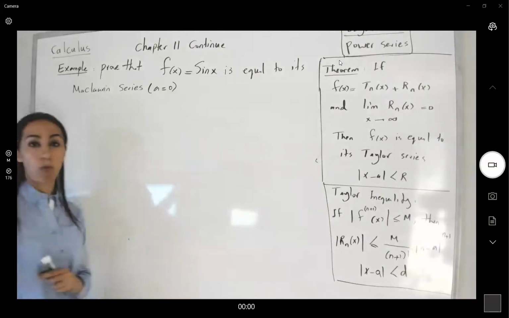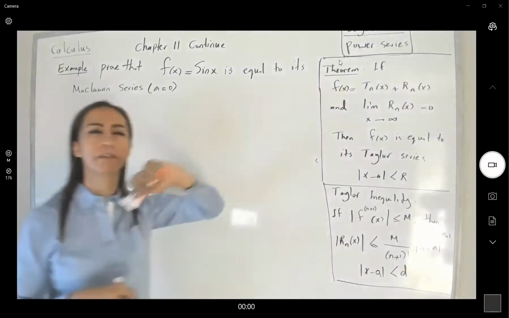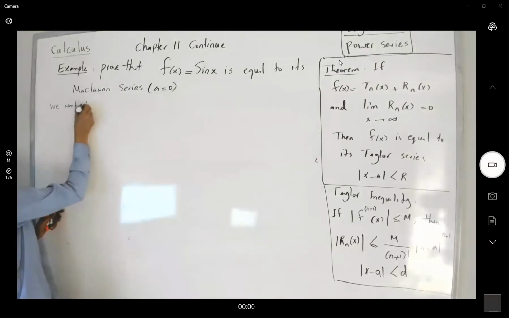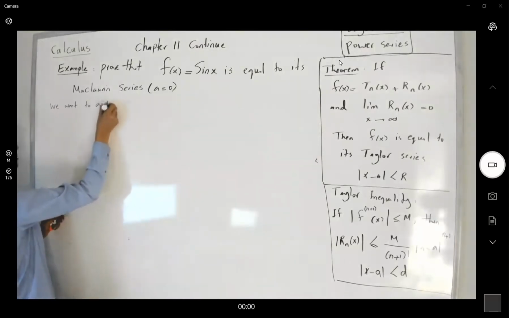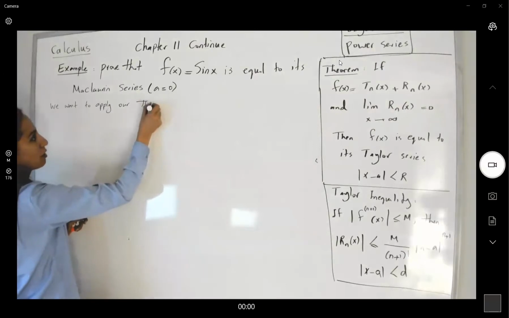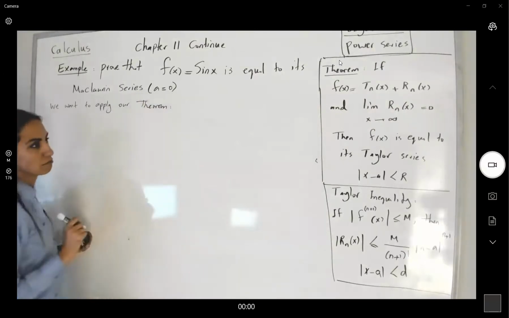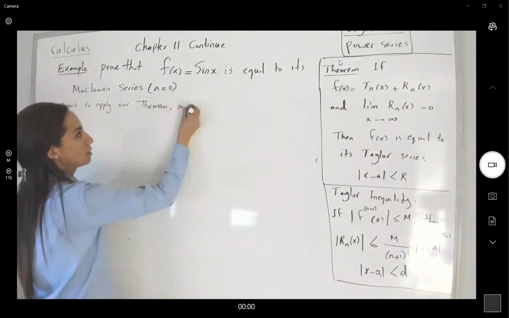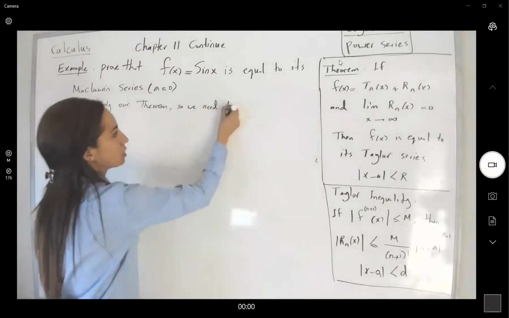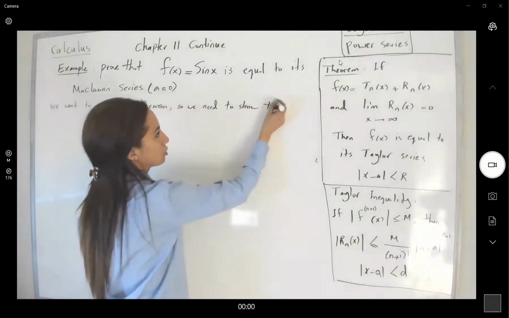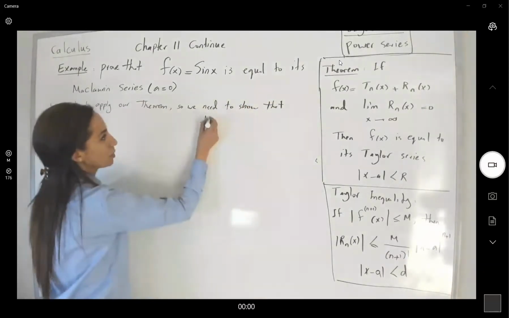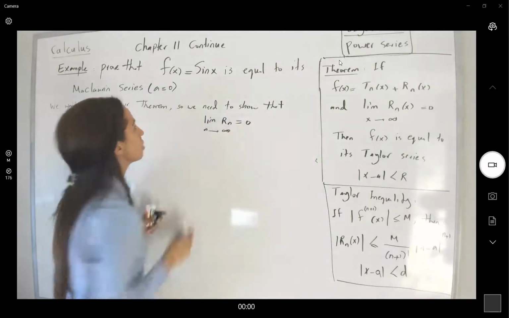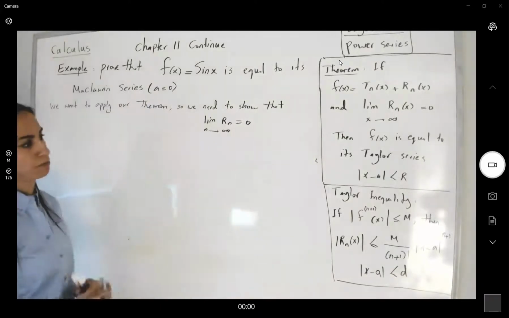What we are interested in is applying the theorem that we have. To apply the theorem, we need to show that the limit of Rn as n approaches infinity is equal to 0 for the sine function.